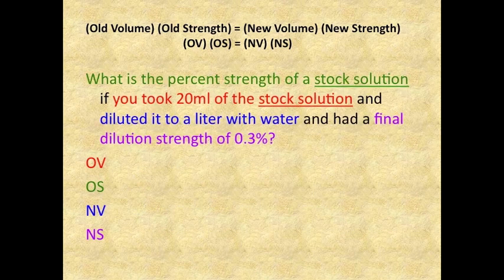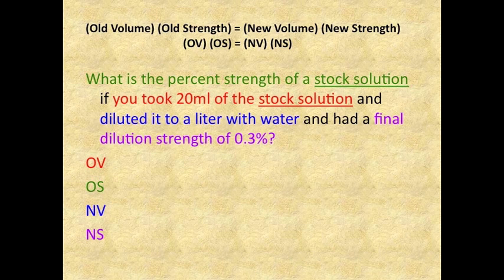So the old volume and the old strength are always what you start with. And in this problem, they're making it very simple for you to identify which one that is. In green, it says, what is the percent strength of a stock solution if you took 20 mLs of the stock solution? So stock solution means it's the initial volume or the initial strength.